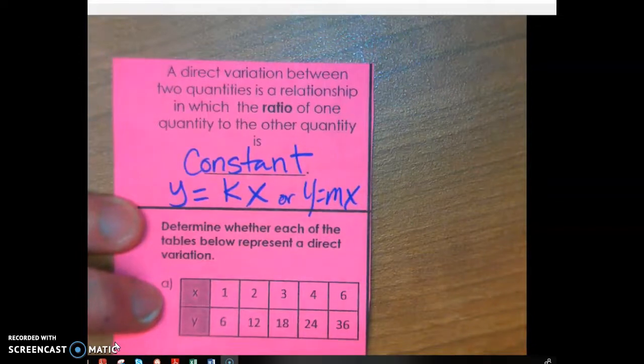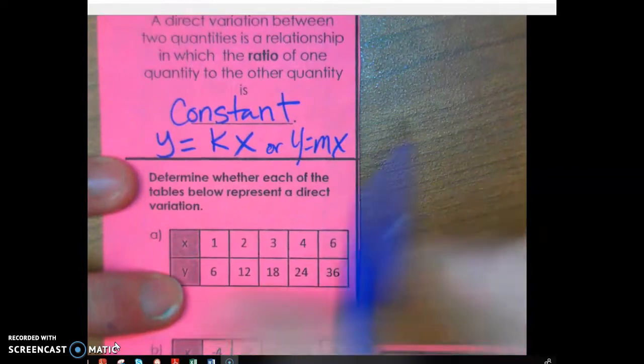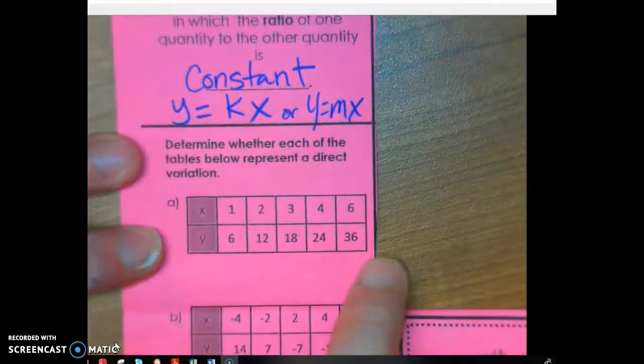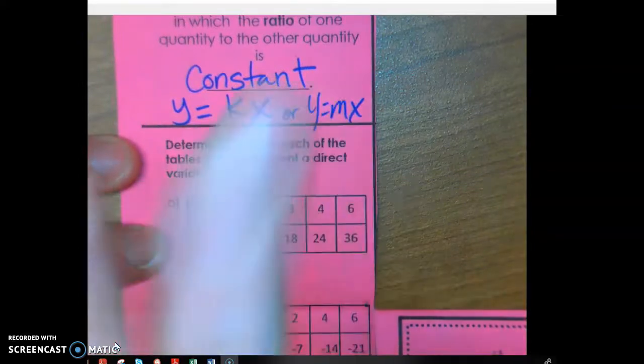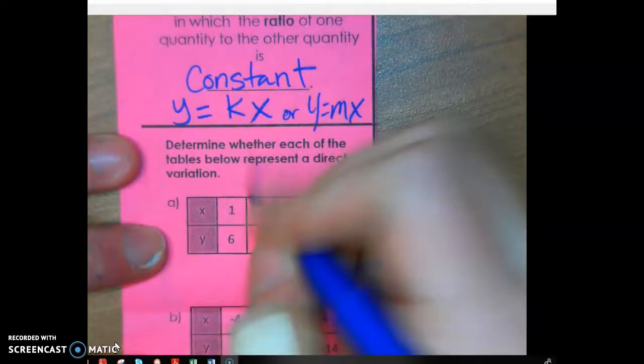Just like we found slope yesterday, we're going to look at these tables to see if the slope is the same between all the points. If it is, then we're good.